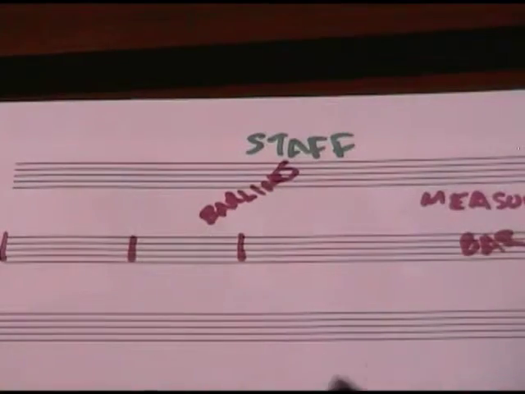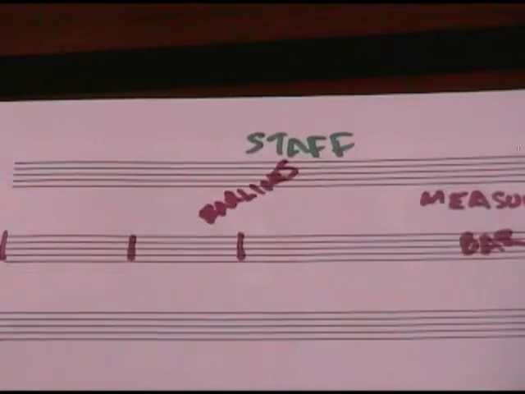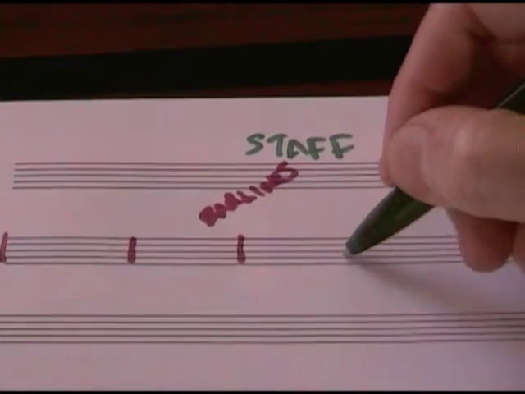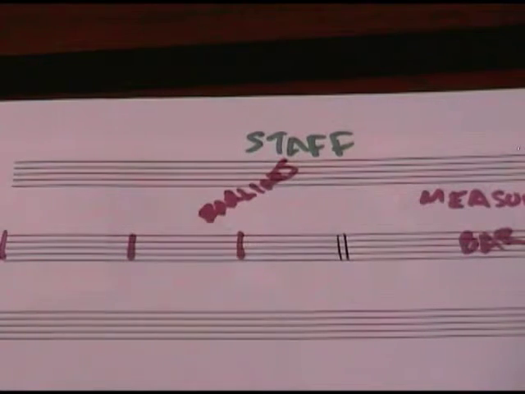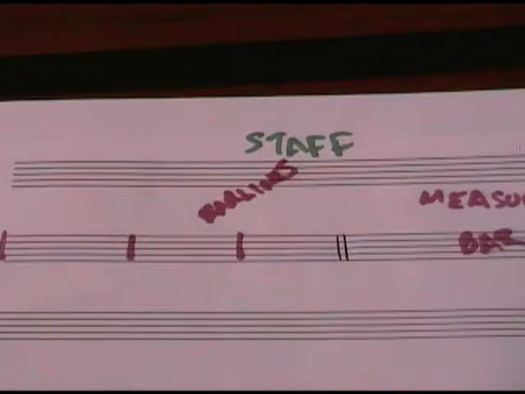B-A-R-L-I-N-E-S, bar lines. There are different types of bar lines. The bar line that's used to separate the staff into measures is sometimes called a single bar. And a double bar is a bar placed at the end, like that, to show that that's where the piece has ended.